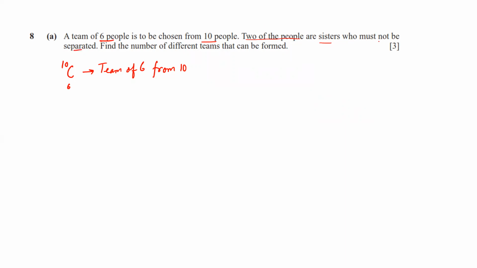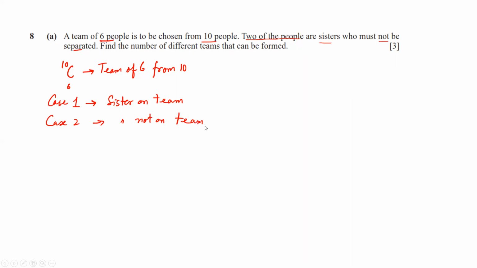It says find the number of different teams that can be formed. So there will be two cases. Case one, sisters on team, and case two, sisters not on team.